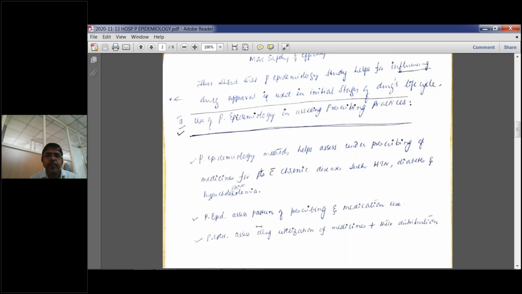This is the assessment of medication use in the hospital setup as well as in the community setup, especially in the outpatient department. So this can also be done.